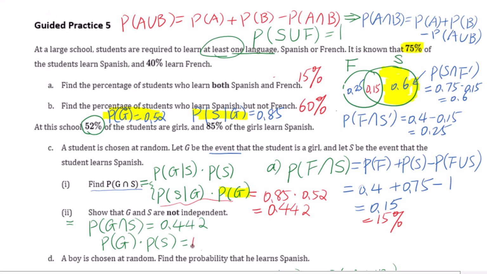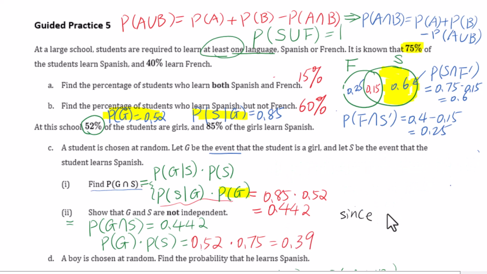So we have 0.52 times 0.75 equals 0.39. Since probability of G intersection S is not equal to probability of G times the probability of S, we can draw a conclusion that G and S are not independent.